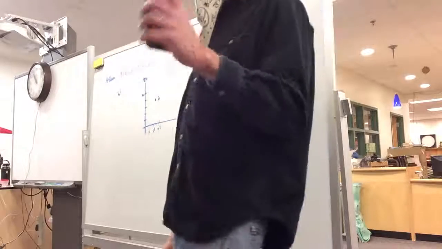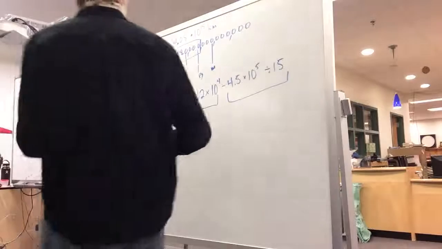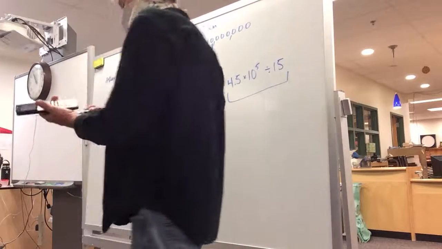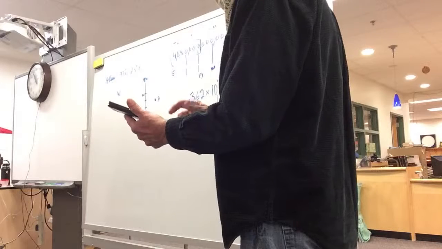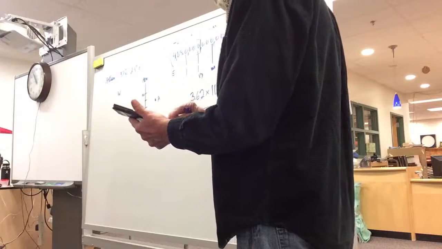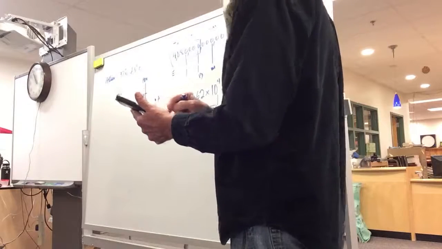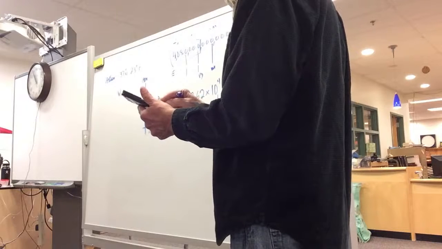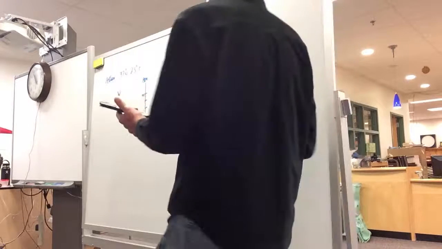And you should have an answer of 36,200. Okay, then, new calculation. Do this here. 4.5 times 10 to the 5th. And then do the division. And you get 30,000.